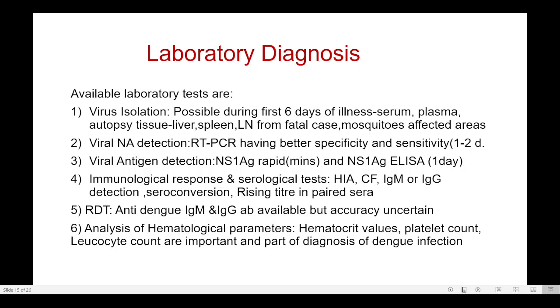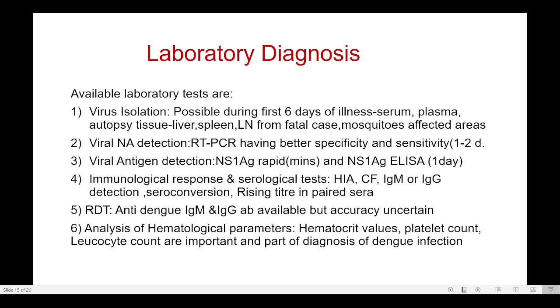One is taken within 7 days, and the second one at 15 to 21 days, which shows a 4-fold or 6-fold rise in the level. Different rapid diagnostic tests are also available, but their accuracy is uncertain.